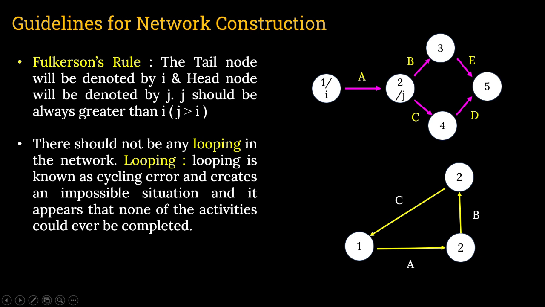From there, activity B is starting, finishing at node 3. And then it is coming back to node 1. This kind of activity is not accepted. This is known as looping. So you cannot complete the project. Clear? Remember, the number 2 is given by mistake, it should be 3. So 1, 2, 3.